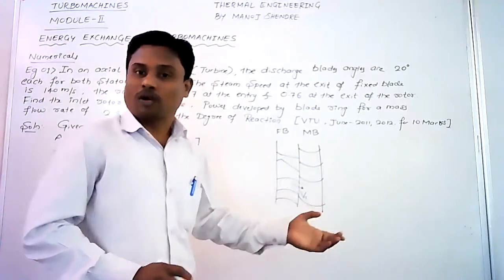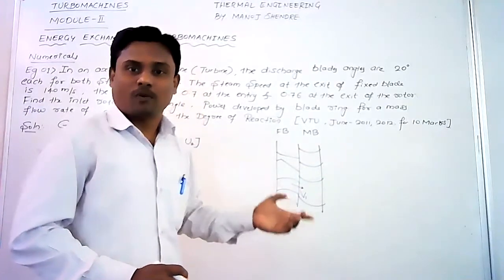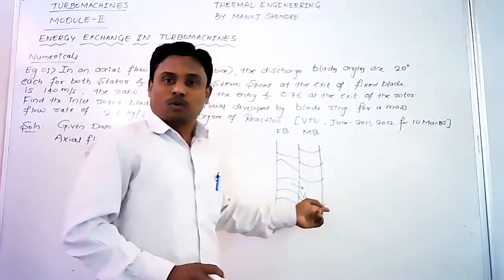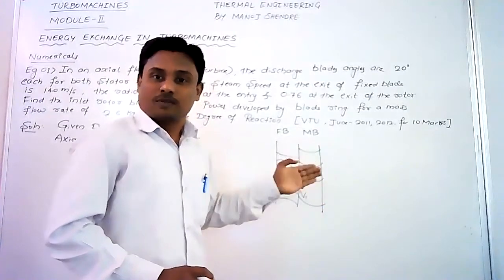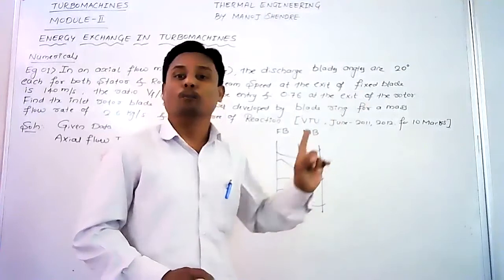The fluid may be water, the fluid may be steam, whatever it may be. It depends on the type of turbine used. V1 is also nothing but the absolute velocity of the fluid which is entering into the first set of moving blades.